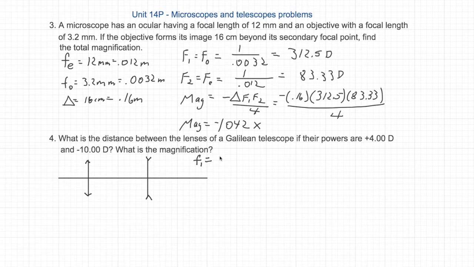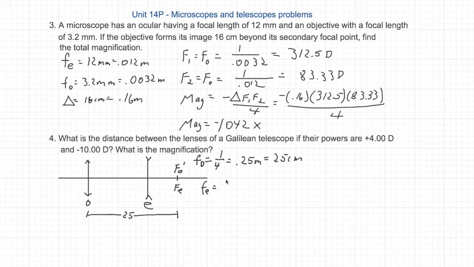We're given that the power is plus 4, therefore the focal length of the objective lens is 1 over 4, which is 25 centimeters. And its secondary focal point is that far away from the lens.